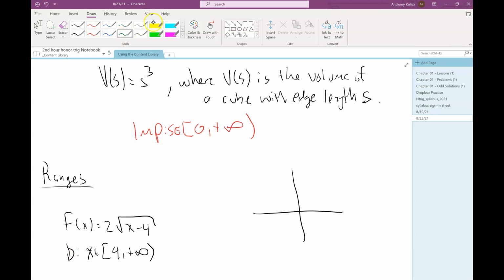So if we remember back to our Algebra 2 class, the graph of a square root function either looks something like this, or it might look something like this, right? Everybody kind of remember that? So the red graph is increasing because as you go to the right, the graph is going up.